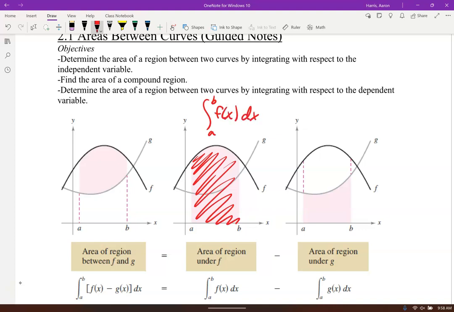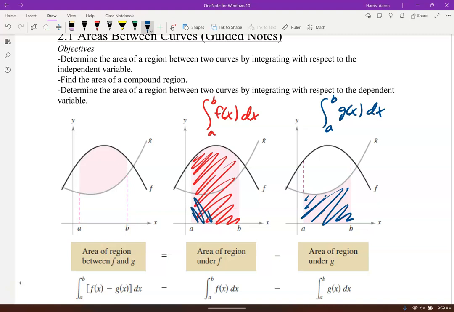Now remember, we want the area between. So what if I look at the area from A to B of g, the area under g? See how if I subtract that out, we're left with the area in between?